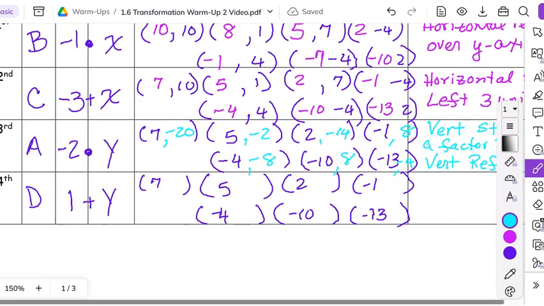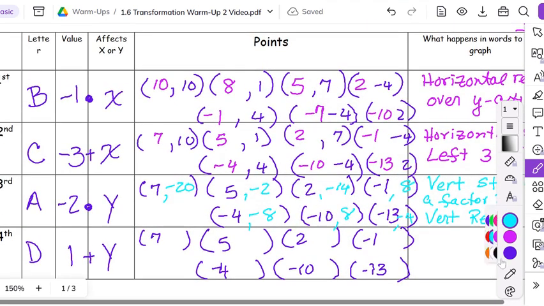So one thing that you need to know, because b is being multiplied, there's a possibility of a stretch or shrink, and also a reflection. So B could have two possibilities, same as A, because it's being multiplied.